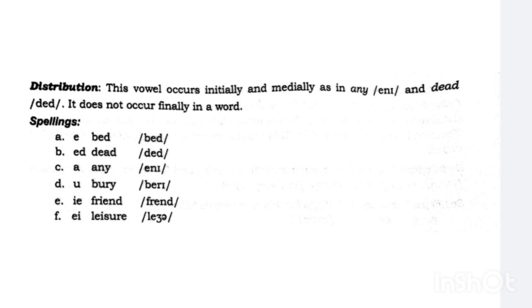Some of the spellings you can find below. Bed: here the letter E represents the vowel sound. In the second word, which we have already seen, dead, it is E and A that represent the vowel sound, as in dead.